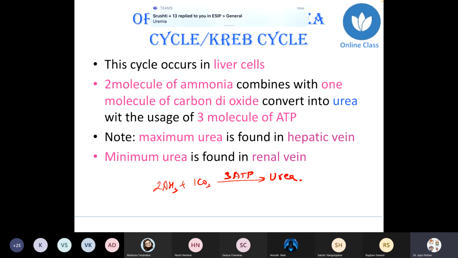Why is the minimum found in the renal vein? Because it passes to the kidney. Are you all getting the point? Please write down. Very smart.